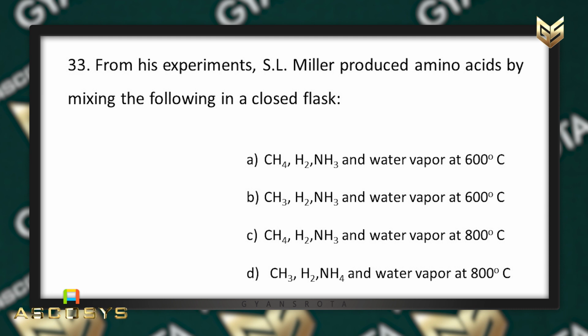Next option number B, methyl, hydrogen, ammonia and water vapor at 600 degrees Celsius. Next is option number C, methane, hydrogen, ammonia and water vapor at 800 degrees Celsius, and option number D, methyl, hydrogen and ammonium and water vapor at 800 degrees Celsius.